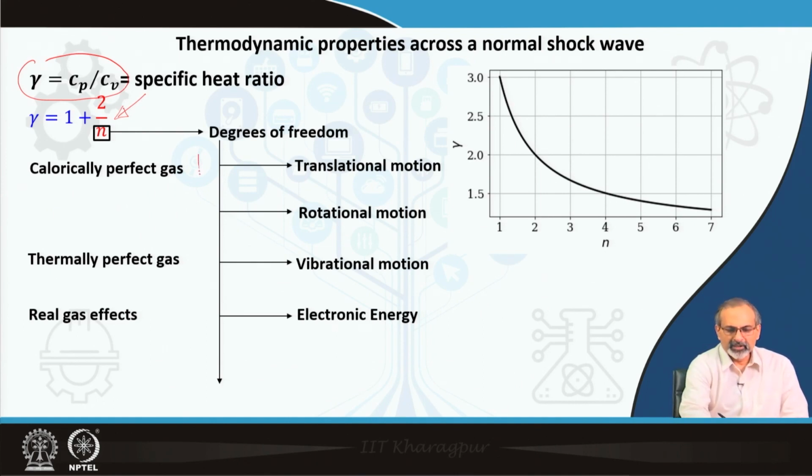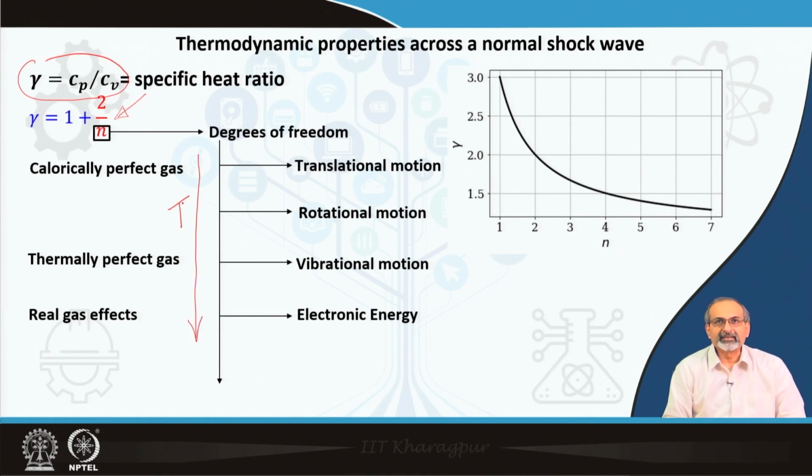And by now we understand that as the temperature of the gas increases, different modes of energy get excited, starting from the lower temperatures to the higher temperatures, beginning with translational mode, followed by rotational, subsequently vibrational, and at much higher temperatures electronic energy modes get excited.